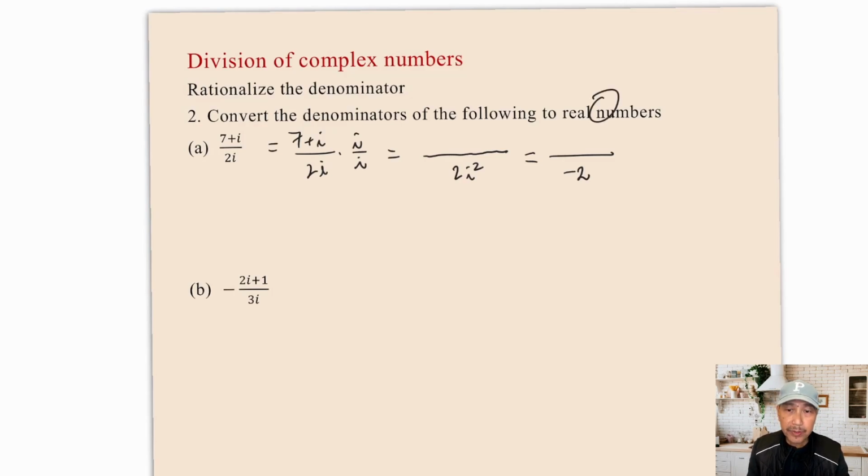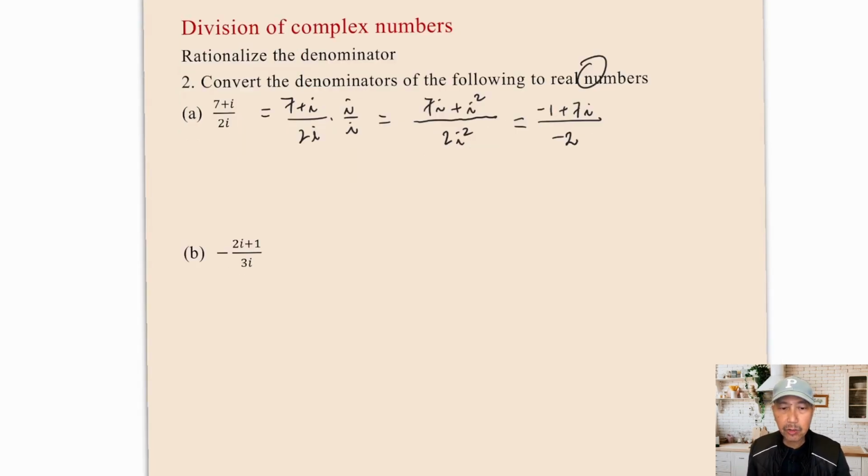Now we simplify the numerator: 7 plus i times i will become 7i plus i squared. i squared is -1. We usually put the real part in the beginning and 7i at the end. Okay, so the answer is -1 plus 7i over -2.